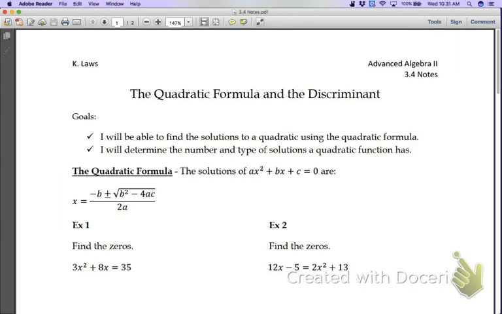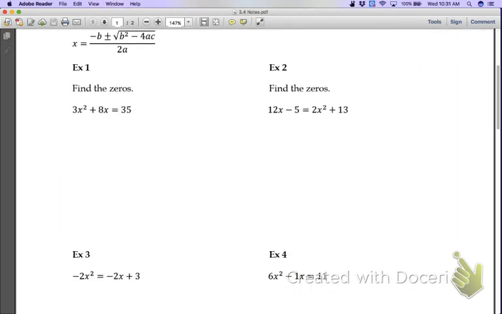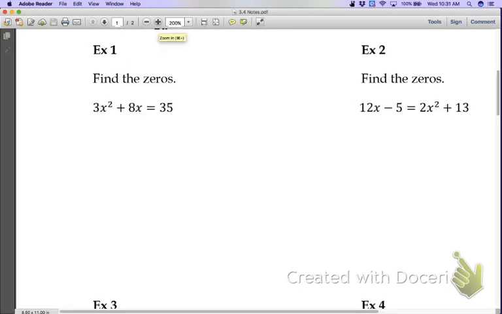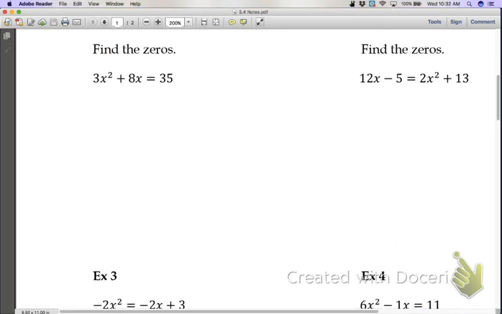So whenever we use the quadratic formula, the first thing that I need to do is get everything on one side. So if I have 3x squared plus 8x equal to 35, then I need to first make it to where it is 3x squared plus 8x minus 35 equal to 0.